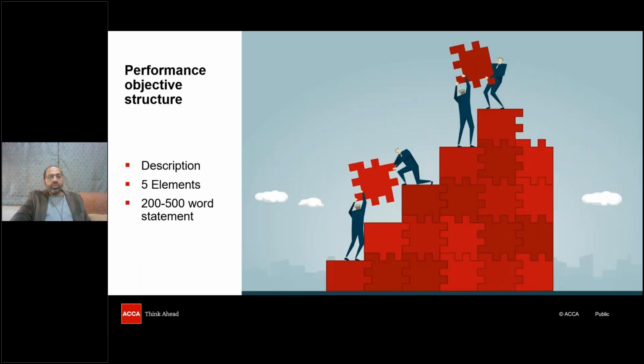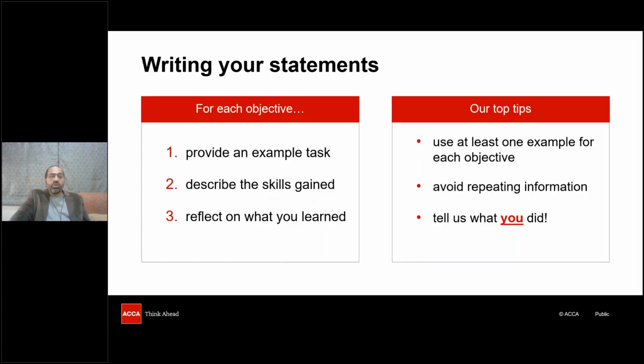Remember, I explained that every performance objective will have a description and 5 elements, which define what roles or jobs you need to perform in order to complete this performance objective, and a 200 to 500 word statement that you will have to write explaining what you did. So let's have a look at these statements.